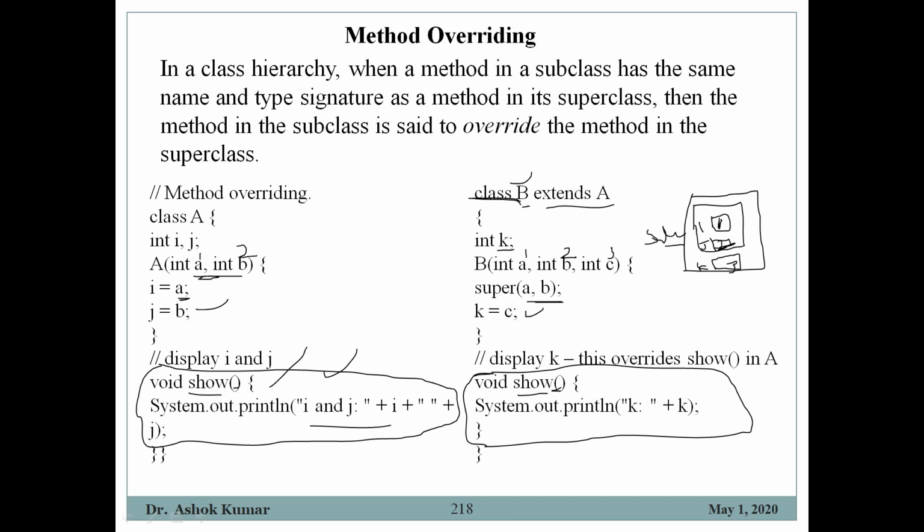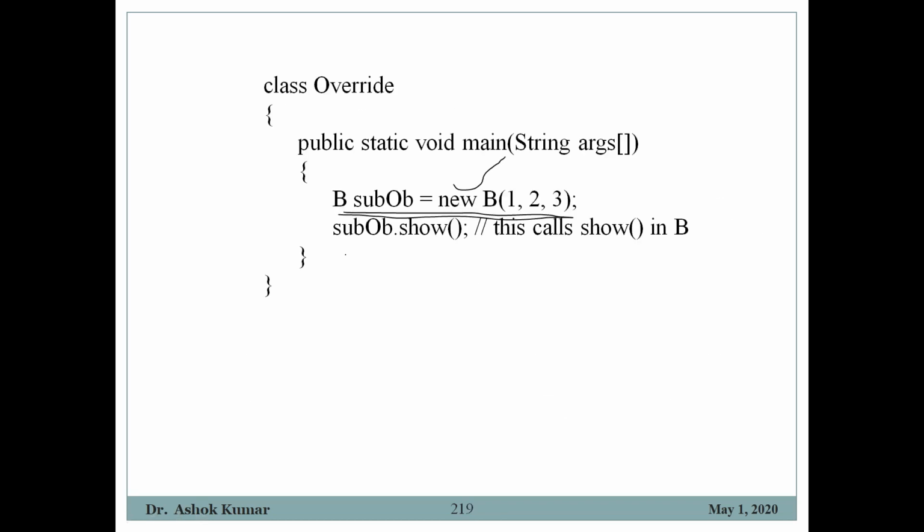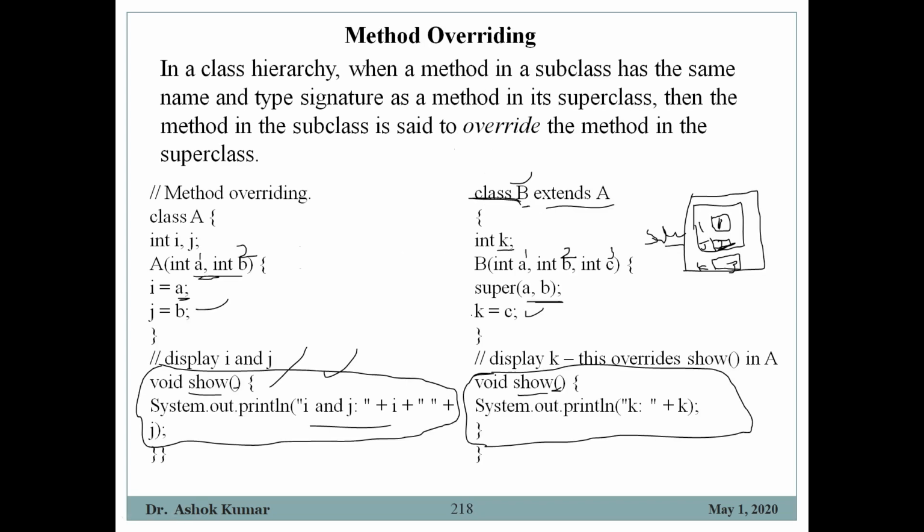This is what we discussed earlier also. Then the next line is important. We are performing subob.show over here, and there are two show methods. One will be inherited from this class to this class, but the subclass is having its own show method. So this show method will override the show method of the superclass.